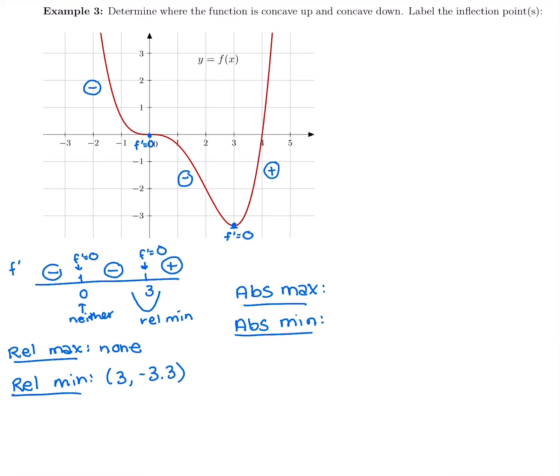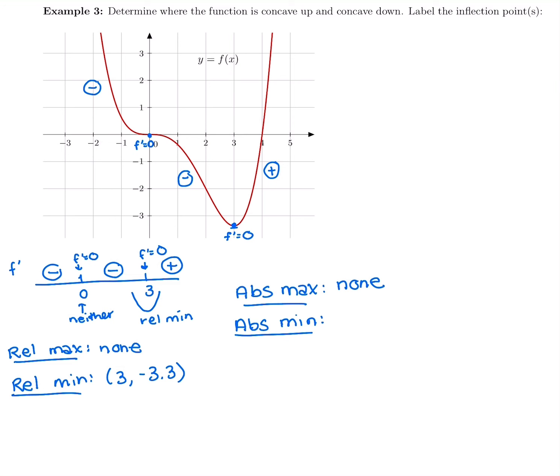So for absolute max, well, there wasn't a relative max. So both of these critical numbers are not even a relative max, so I wouldn't consider them to be an absolute max. I would just look at the end behavior and see if there's a spot where it seems to stop at the end. And on both sides, it looks like it's going up without bound. So I would say there is no absolute max. It looks like it's going to infinity on both sides. There's not a certain point where it stops, where we could say 5, 100, and we know that's the highest point.